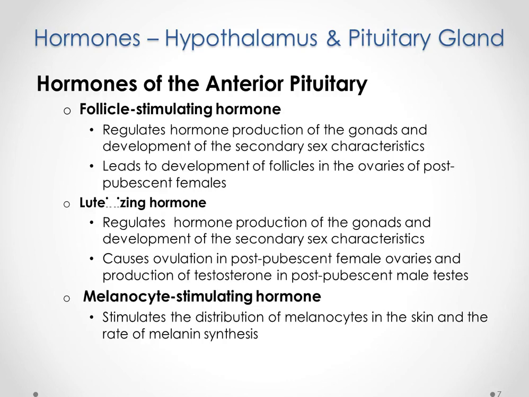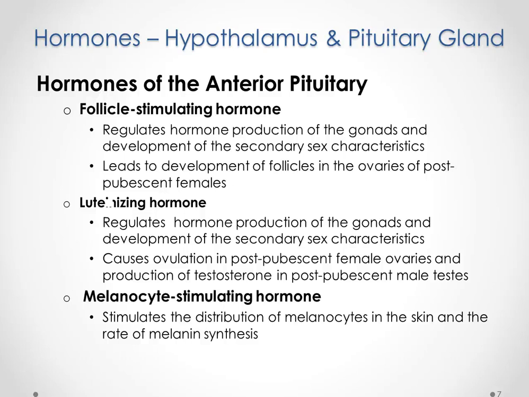The next hormone produced by the anterior pituitary gland is follicle stimulating hormone. This is going to regulate the hormones produced by the gonads. The gonads are going to be the ovaries in females and the testes in the male. And what this hormone is going to do is stimulate these gonads to develop gametes.